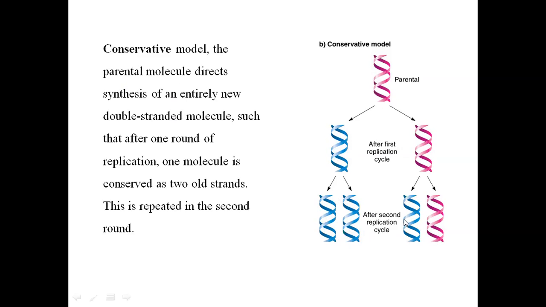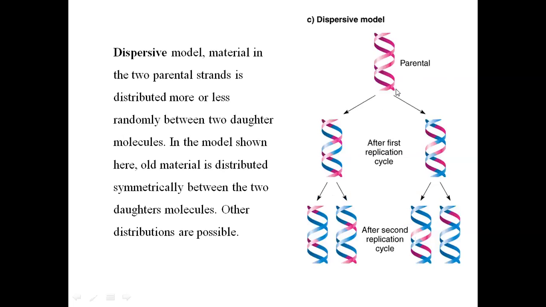Okay. And in the case of dispersive, dispersive means the replication will occur randomly across the whole genome. Here you can see that each strand will act as a replication site randomly.